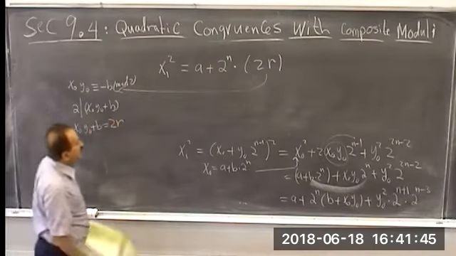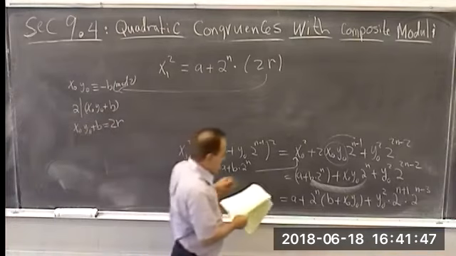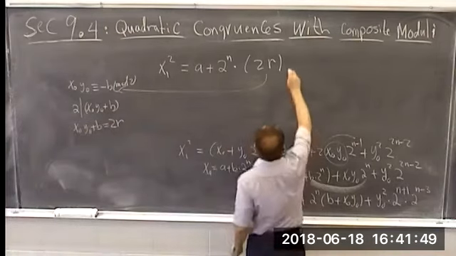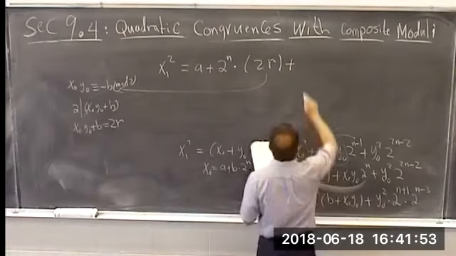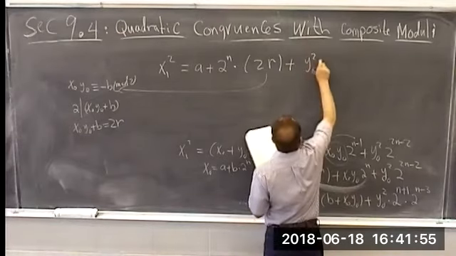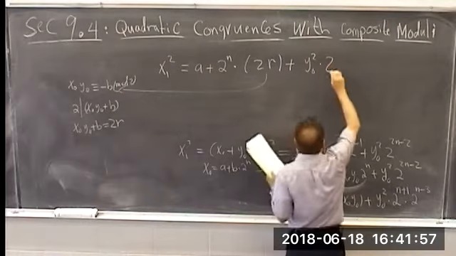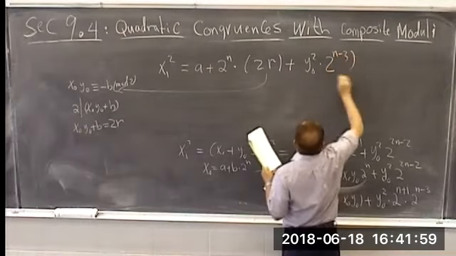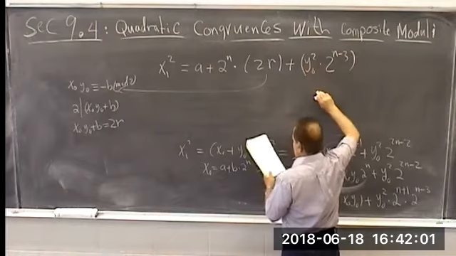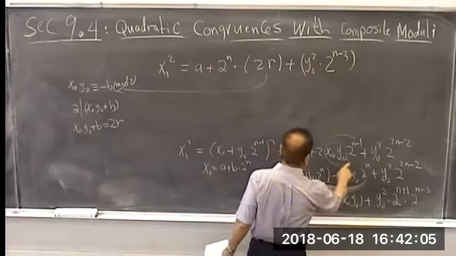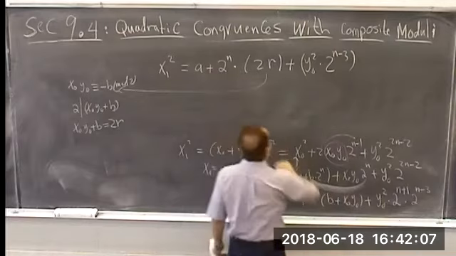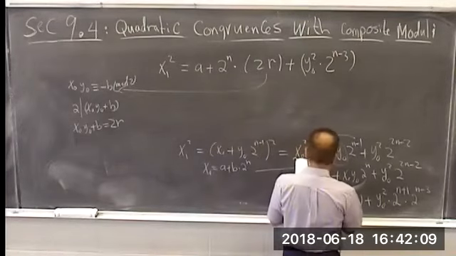All right, so we're going to substitute for this, and then we also have in here the y sub 0 squared 2 to the n minus 3. Actually, this needs to be 2 to the n, all right.